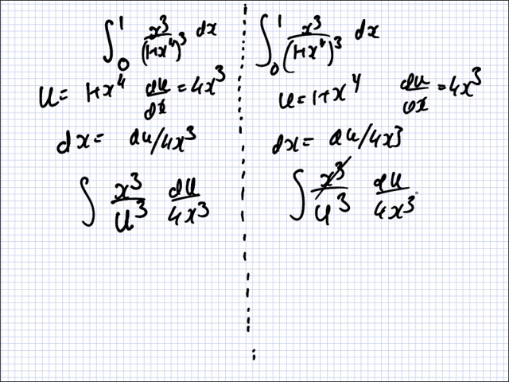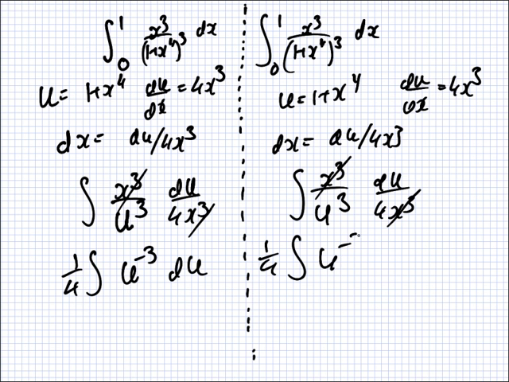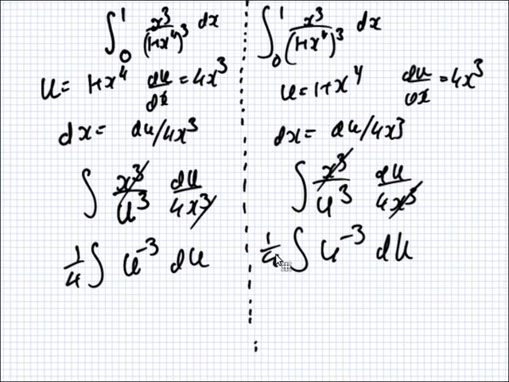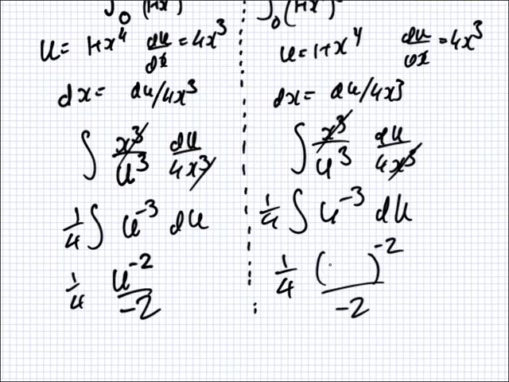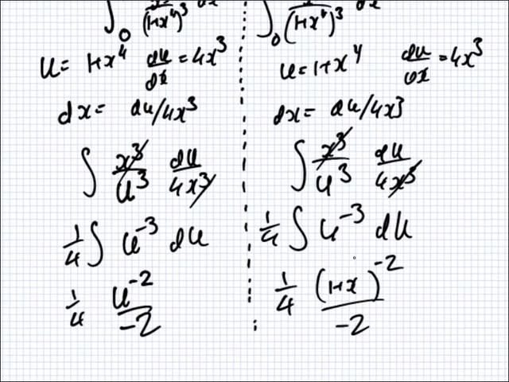Cancel. Integrate a quarter u^-3 du. This is a quarter u^-2 over -2, but u is 1 plus x^4.